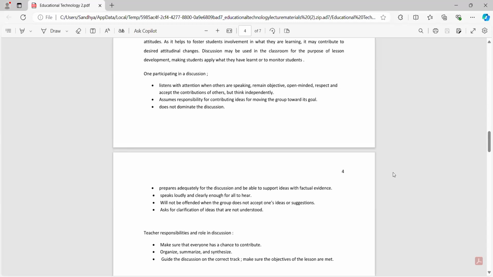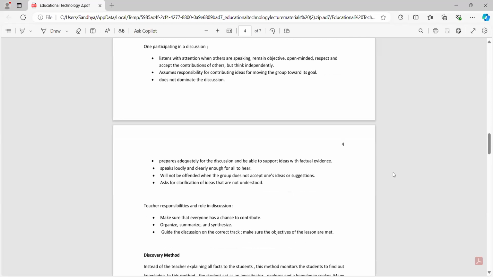No. The teacher has to guide them, provide support and guidance to get them ready for the discussion, so they are informed and prepared. Otherwise it becomes a waste of time. And everyone should speak loudly and clearly, so that everyone can hear them.